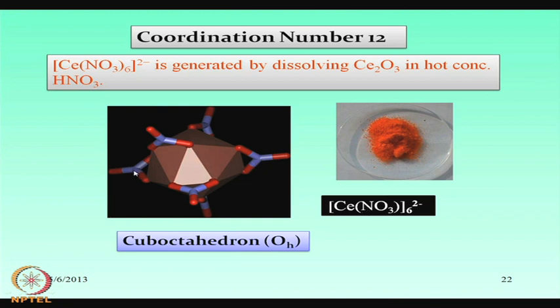So, all the nitrogens facing towards the central cerium are in octahedral geometry, but they are not forming any cerium nitrogen bond, they are forming cerium oxygen bonds. So, these two adjacent oxygen atoms of one nitrate group are forming new bonds with the cerium center, making 2 into 6 of such nitrate groups, making 12 bonds to the cerium center in a geometry which is known as a cuboctahedron geometry.